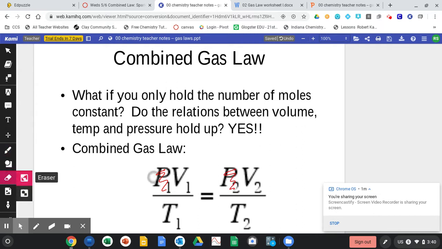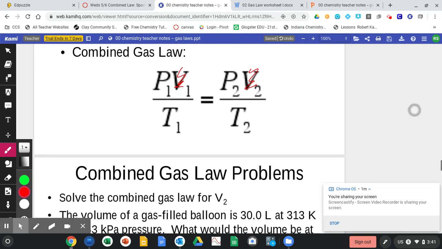And this is actually how I teach it in my ICP class. We don't go to the individual laws. We teach the combined law, but then we talk about if you hold it constant, you just mark it out. And then, of course, the final law, if you have volume being held constant, then you have Gay-Lussac's law. And so that's how that works.